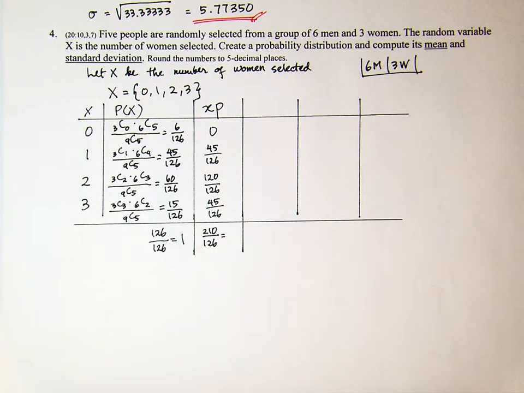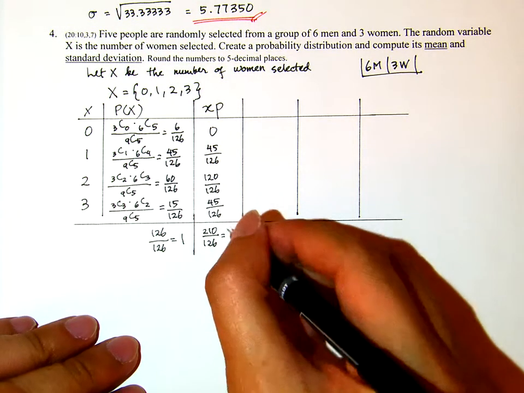Both of them multiple of 3. In fact, we can reduce even further. Let's see. If I reduce these, 210 divided by 126, that's 1.66666, that's 5 over 3.